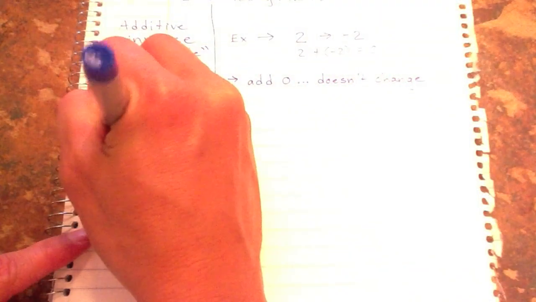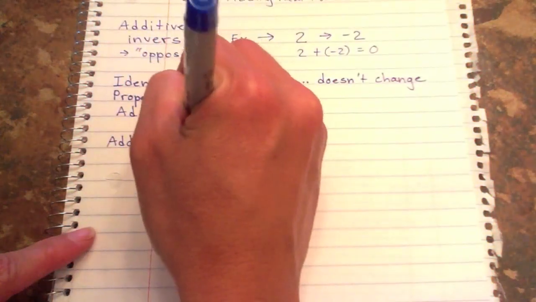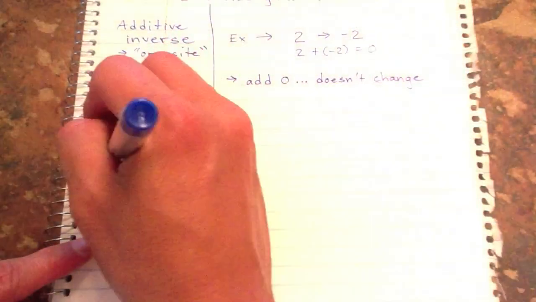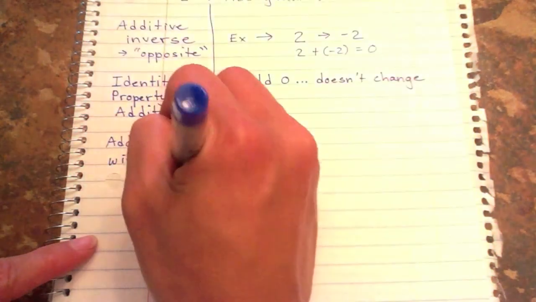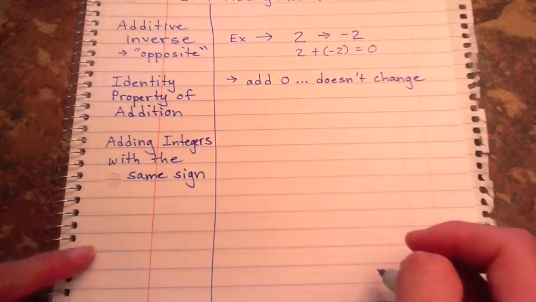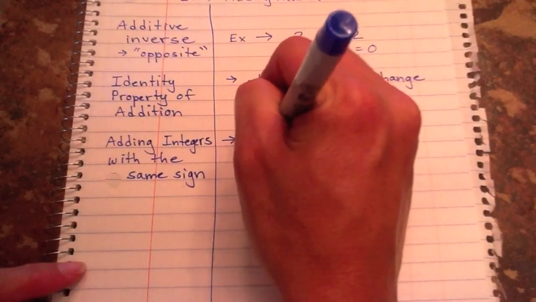If we're adding integers, or any real numbers actually, with the same sign, you're always going to keep the sign the same.